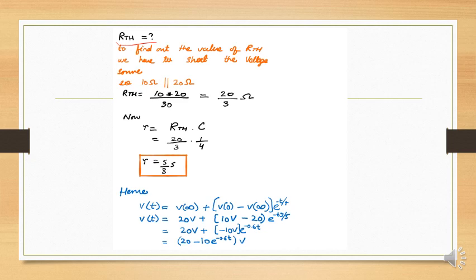Now we put all these values in our required formula. We know V of infinity, we know V of 0, and we know tau, so all three requirements are complete. We put the values in, and we get V of t is 20 minus 10 e raised to the power minus 0.6 t volts.